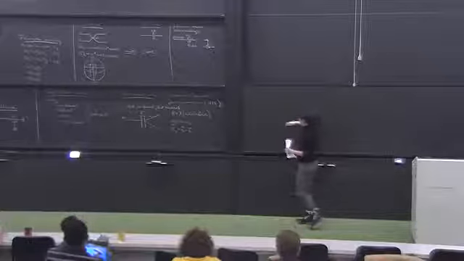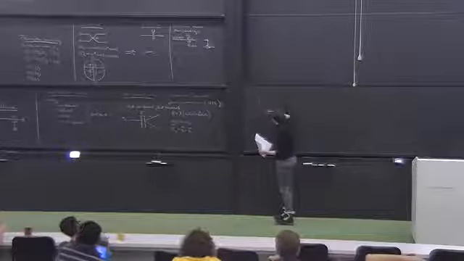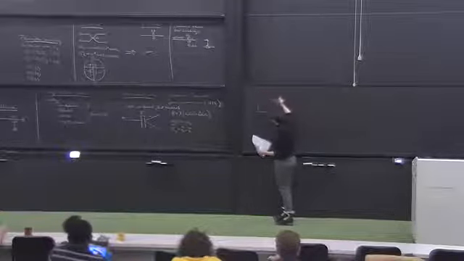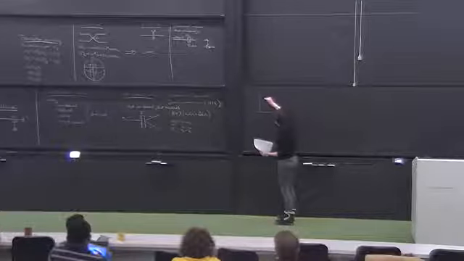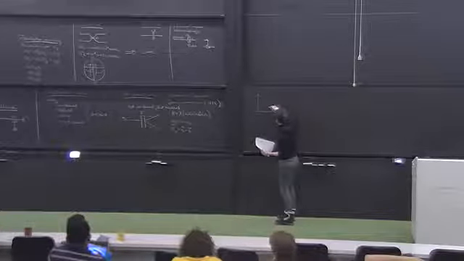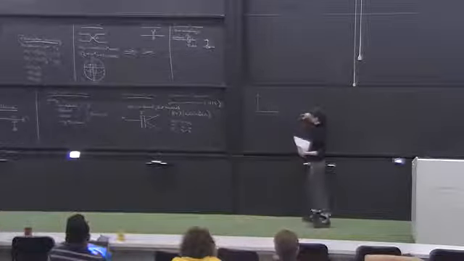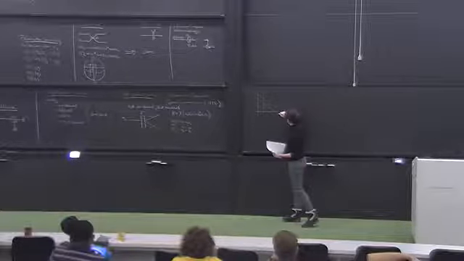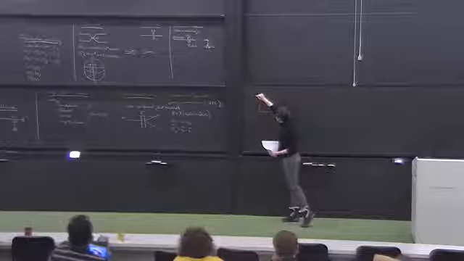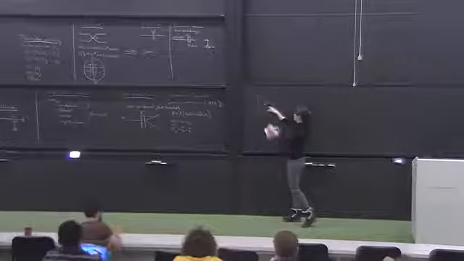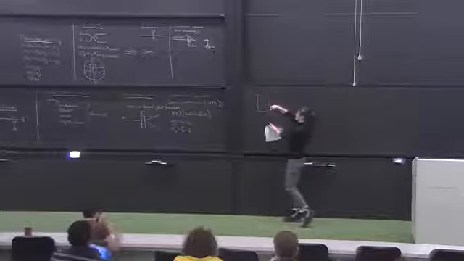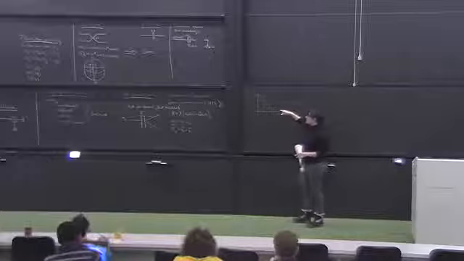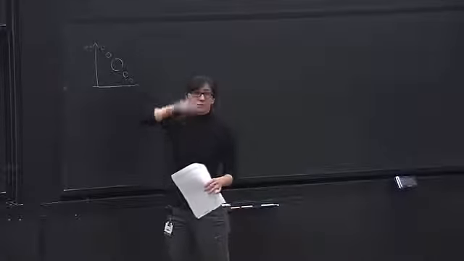If you wanted to draw these things, they have these funny shapes. This is frequency omega 1 and omega 2. And the properties of this joint spectrum depend on things like the spectrum of the input pulse.